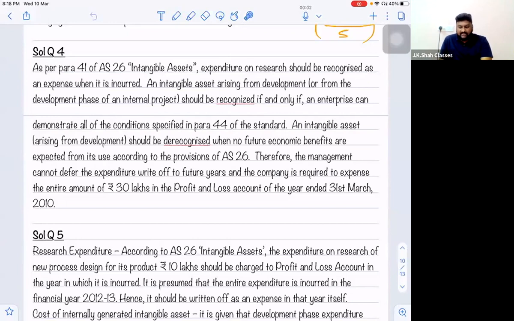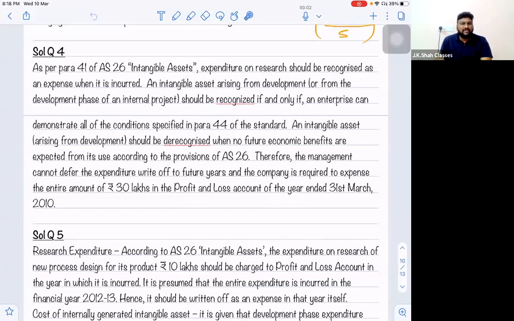So, starting with, as per AS 26, first we'll write about expenditure on research. Research expenditure should be expensed immediately when it is incurred. So you should recognize it as an expense immediately whenever it is incurred. But an intangible asset arising from development should be recognized only if an enterprise can demonstrate all the conditions specified in para 44 of the standard.